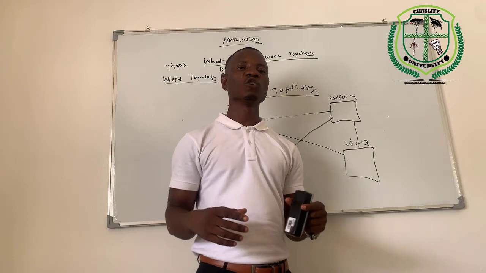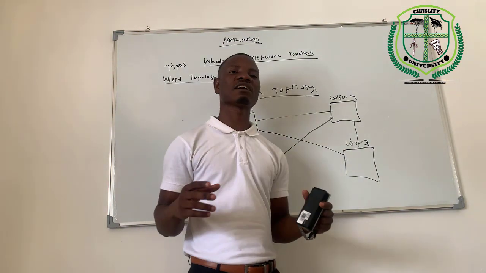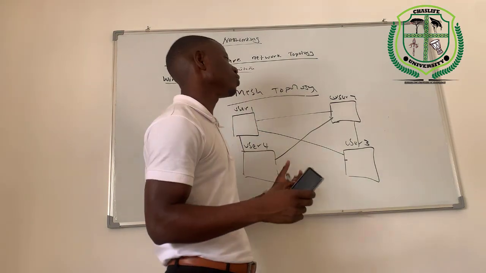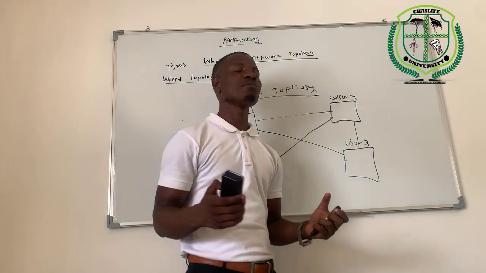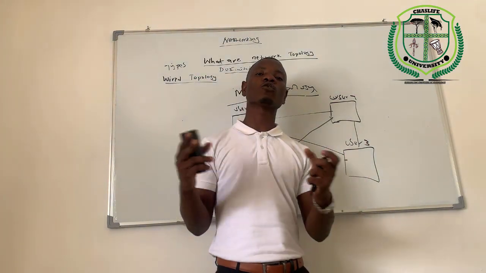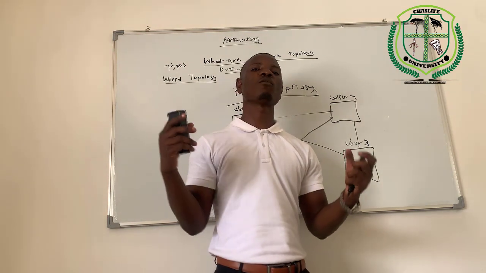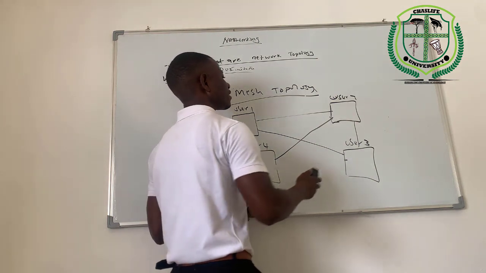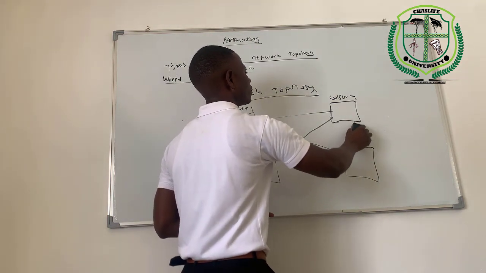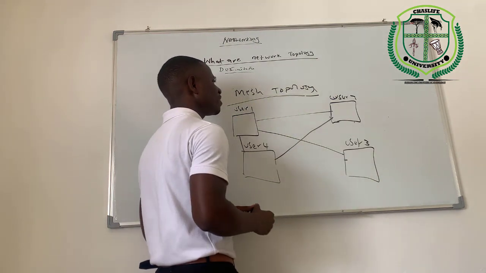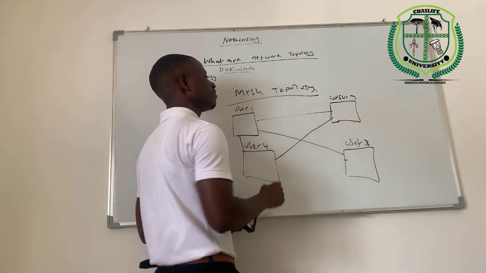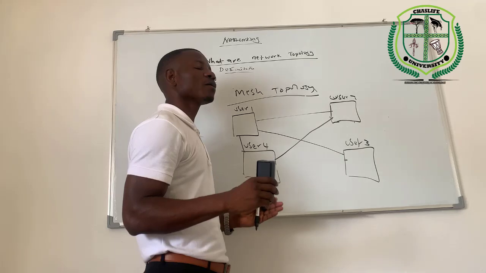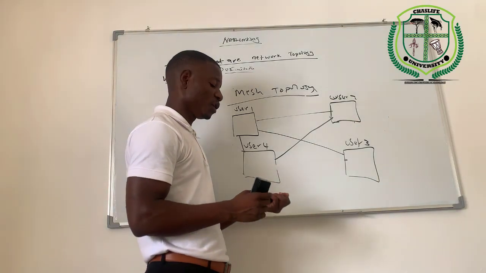You get the point? This is the reason why it is very difficult to disrupt the operation of computers within the mesh, because the mesh has a lot of cables connected to each computer. In a case where this cable is not working, these computers will still receive information from another computer, because there are a lot of cables connected to each other.